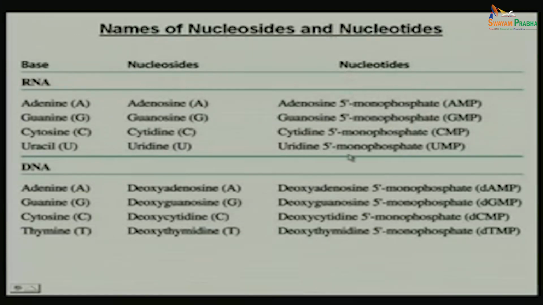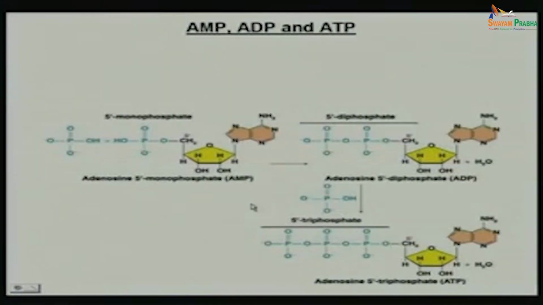When we are naming the nucleotide, then deoxyadenosine 5' monophosphate or dAMP, deoxyguanosine 5' monophosphate, deoxycytidine 5' monophosphate, deoxythymidine 5' monophosphate. So, these are the names based on the type of molecules we are discussing. These are the nucleotides and nucleosides, and the differences between them.